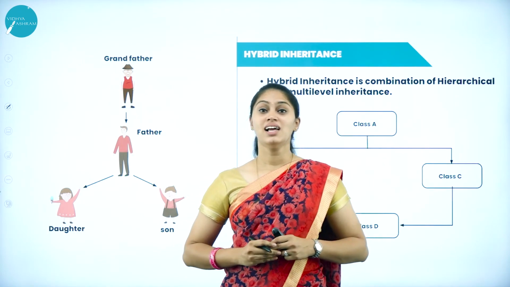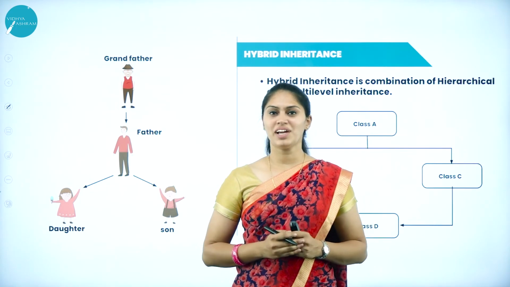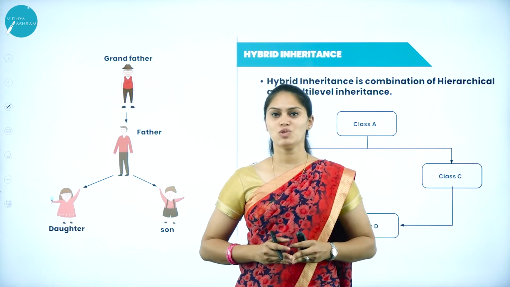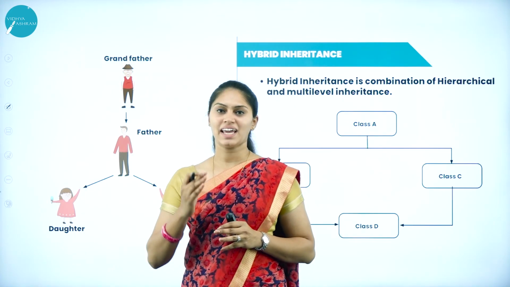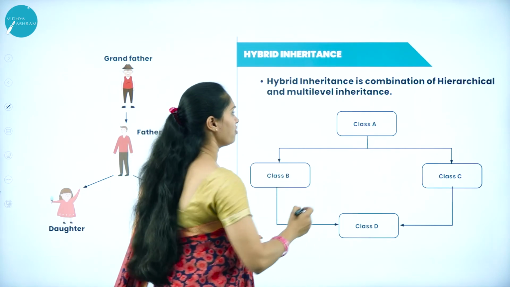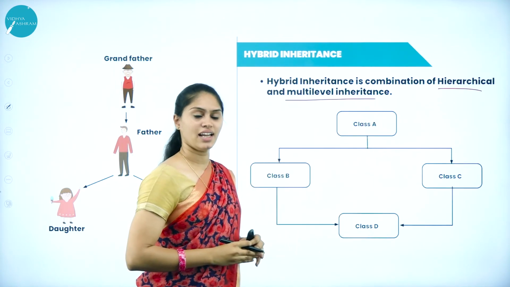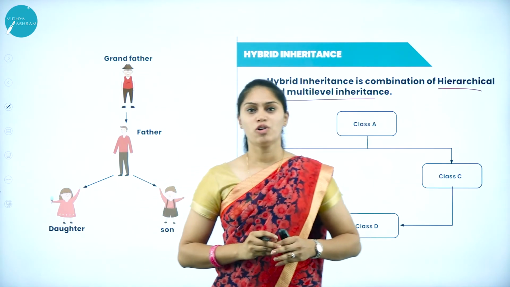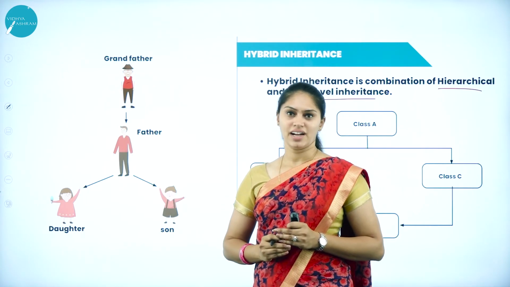Then coming to the last type of inheritance, which is hybrid inheritance. Hybrid in the sense of what? Combination. So which type of combination can I call hybrid inheritance? It will be a combination of hierarchical inheritance as well as multi-level inheritance. Already we know what we mean by hierarchical inheritance as well as multi-level inheritance.